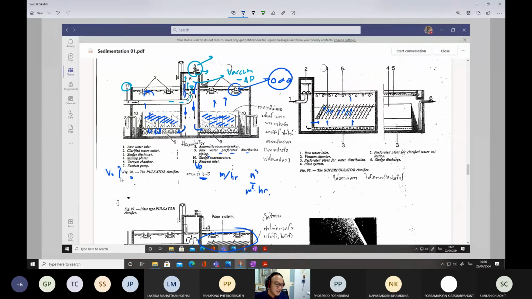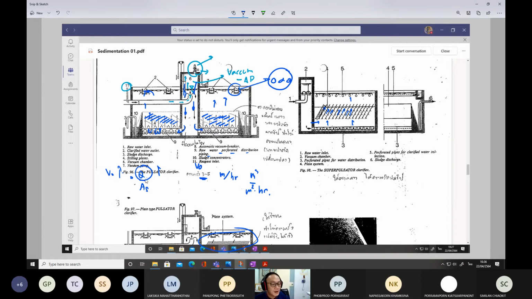Because if you think about the definition, the overflow rate is equal to Q divided by surface area. So if this tank can process higher overflow velocities, it means that this tank can handle a higher flow rate. We can increase the production capacity if we use a tank which can maintain a higher surface overflow rate.